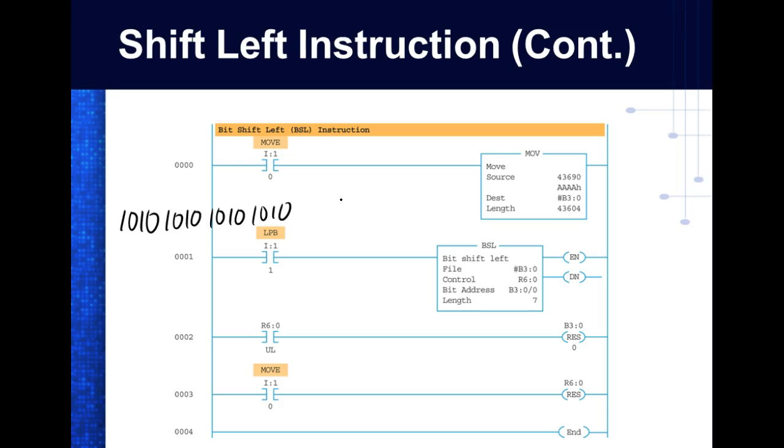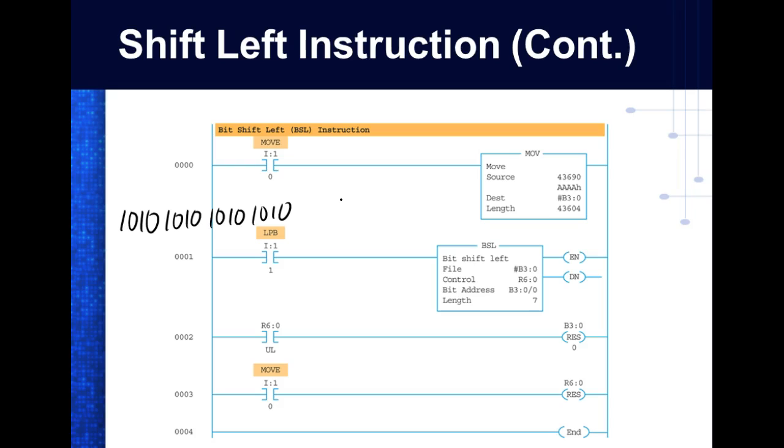The unload flag is automatically set when you shift a number out of the most significant bit, out into nowhere. That sets the unload bit, and then we can use that unload bit to do what we call rolls and stuff like that.